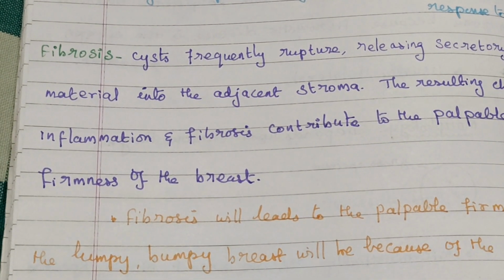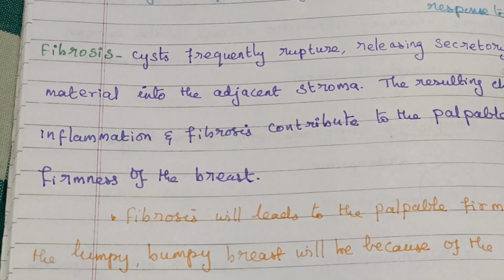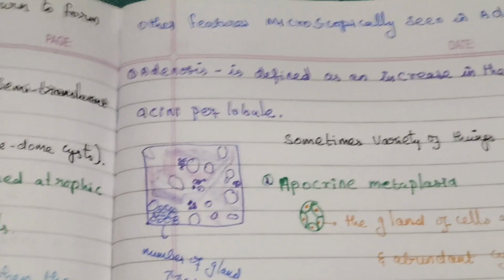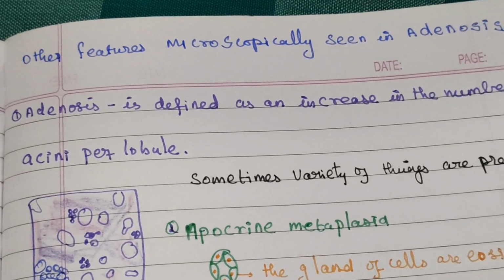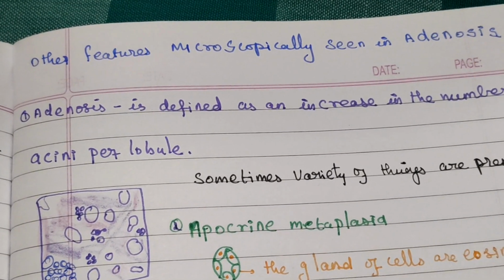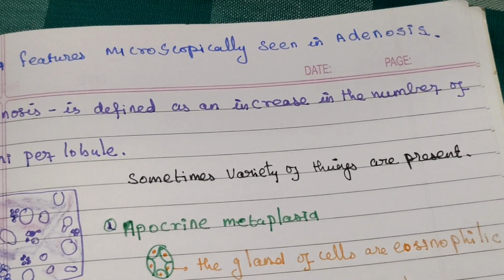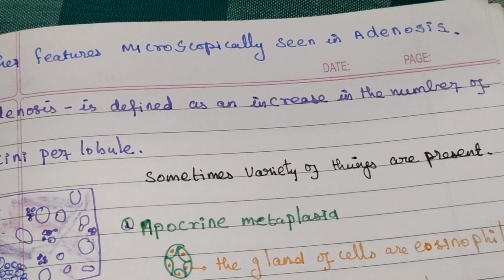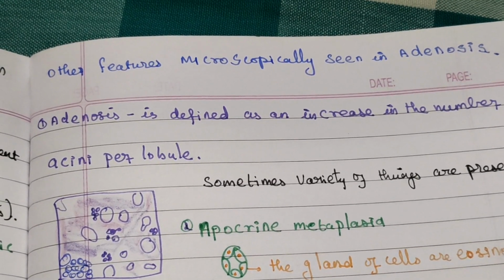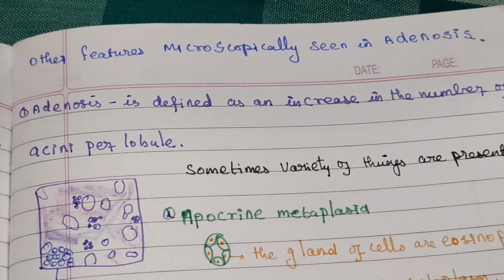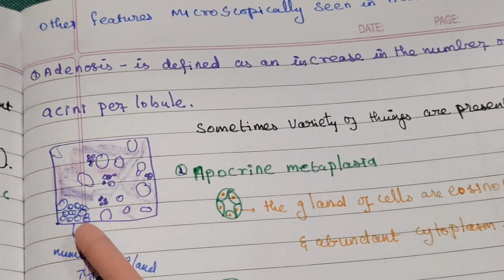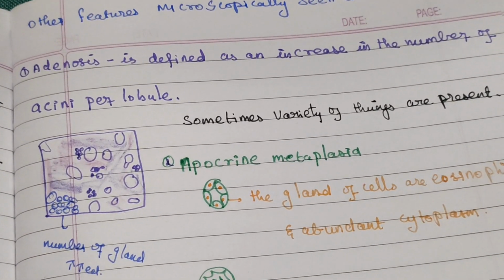Other microscopic features you can see. The third condition is adenosis. First is cyst formation, second is fibrosis, third is adenosis. In adenosis there is an increase in the number of acini or lobules.